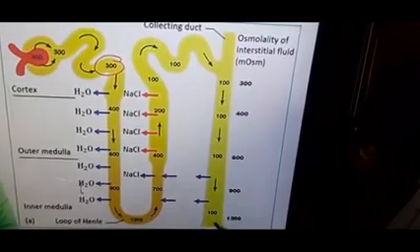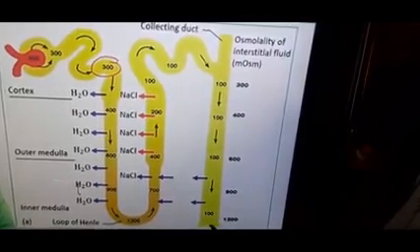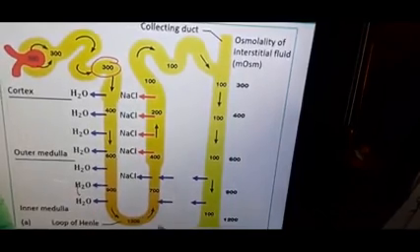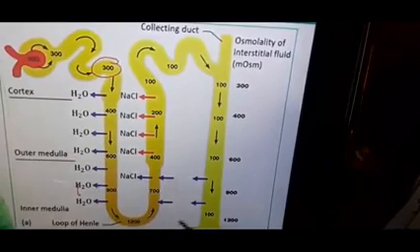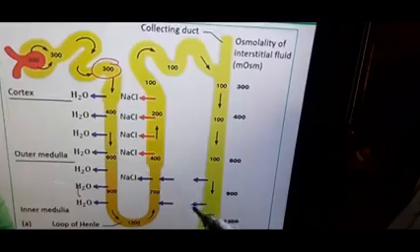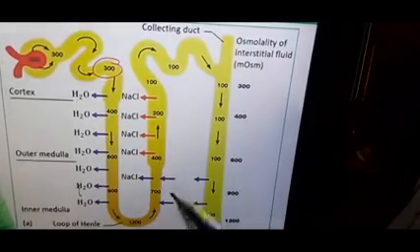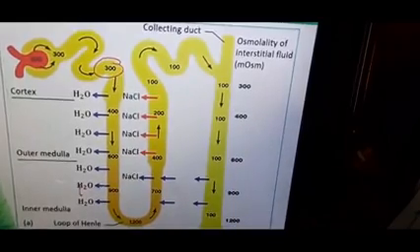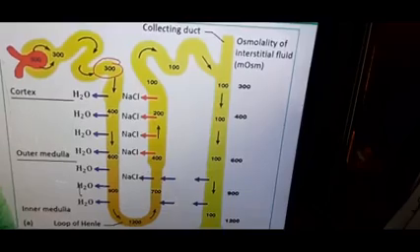Now because the urine is more and more concentrated here, water is more absorbed into the blood capillaries from this part. So this is how the volume of the blood is maintained and the urine is being made concentrated.